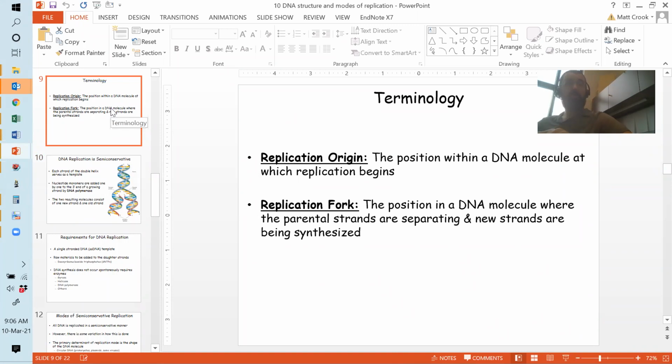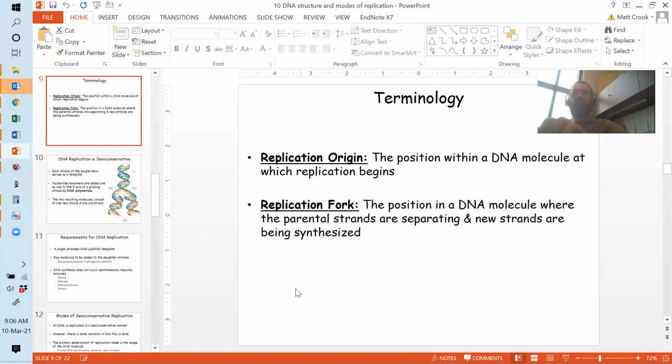We'll also be talking about replication bubbles. Essentially, that's where you have DNA opened up and you have a replication fork going that way and a replication fork going that way, right? So it opens up into a bubble and then it just starts stretching out like that with new DNA being synthesized as it goes.